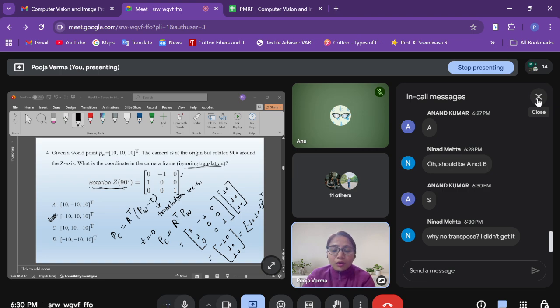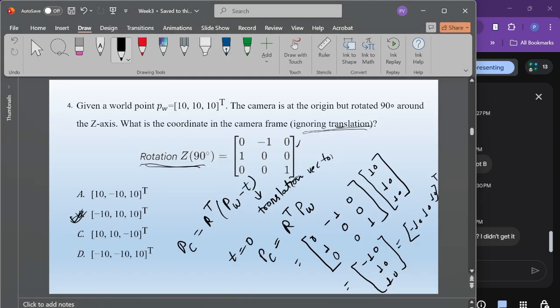Okay, so that's what I was telling. Rotated around the z axis is already given. So that's why we don't need to rotate it, I mean, we don't need to transpose it. What they are asking is just the transpose of the rotation matrix, and already it is given in the question.